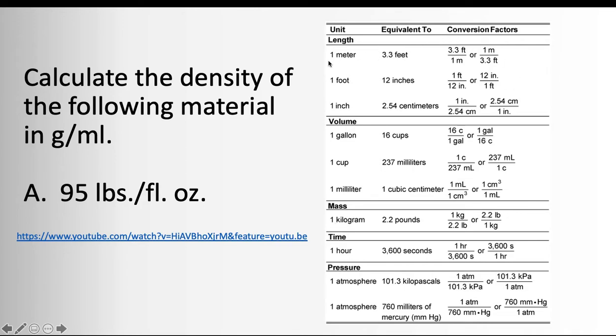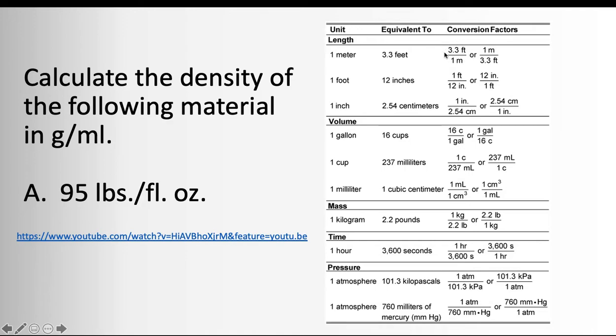So we know the relationship between meters and feet: 1 meter is equal to 3.3 feet. We can use that relationship to convert from this unit of length in the metric system to something equivalent but in a completely different system, the English system. So we use what we call conversion factors. These are fractions that we can use to show the relationship between those two units.